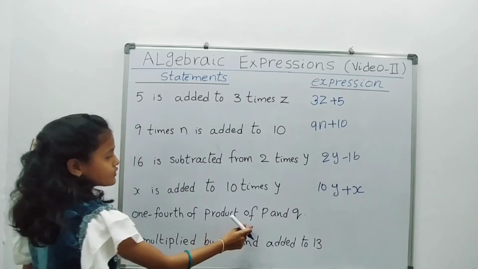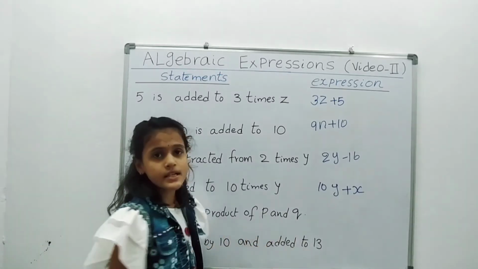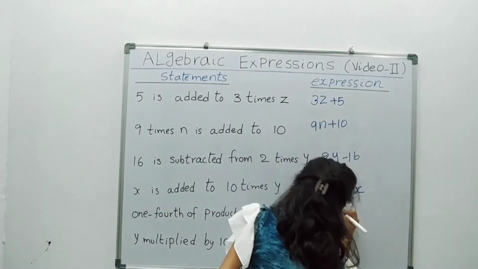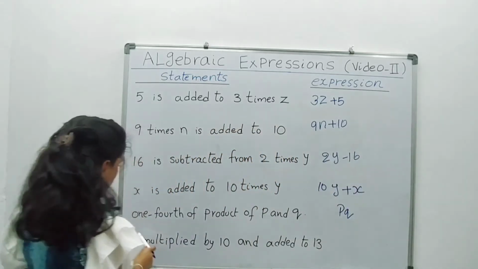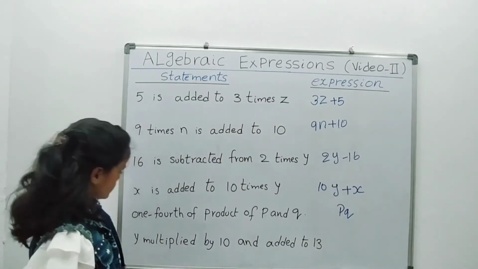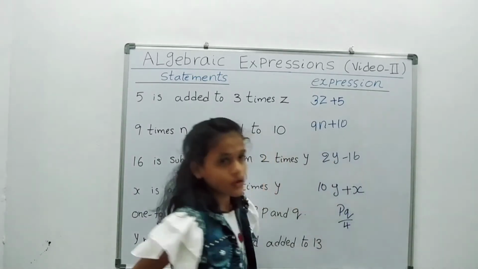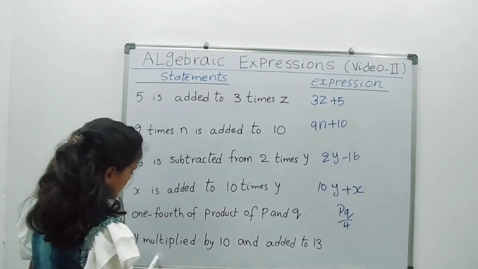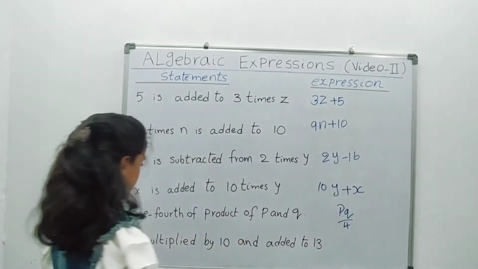And next, 1/4 of product of p and q. Product of p and q is p into q, is pq. And 1/4 is pq by 4. And next, last problem is y multiplied by 10 and added to 13.